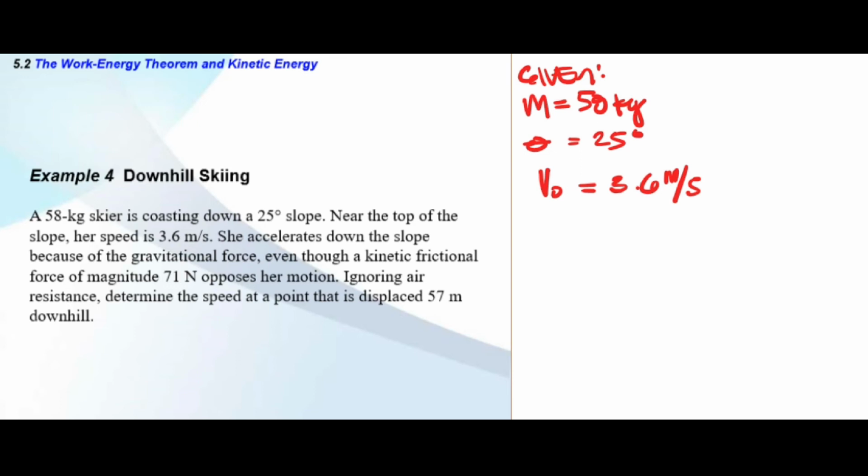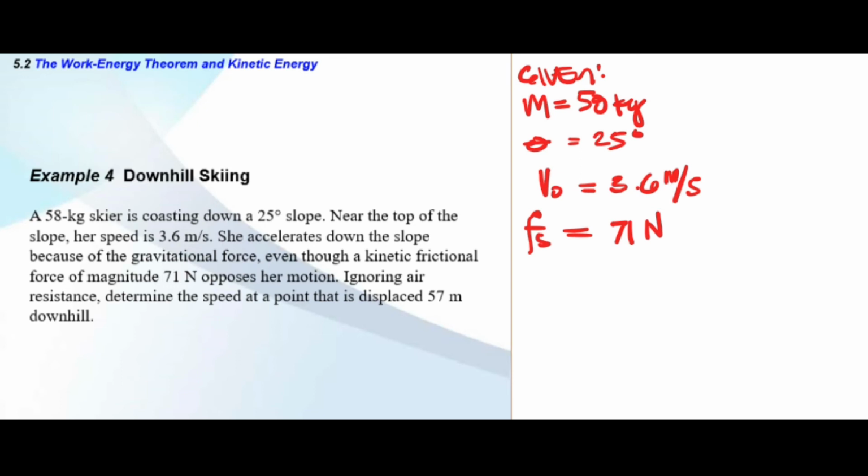She accelerates down the slope because of the gravitational force, even though a kinetic frictional force of magnitude 71 Newton opposes her motion. So there is a kinetic frictional force of 71 Newton that opposes her motion.